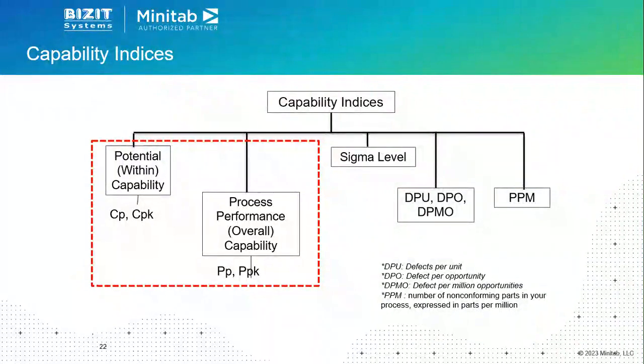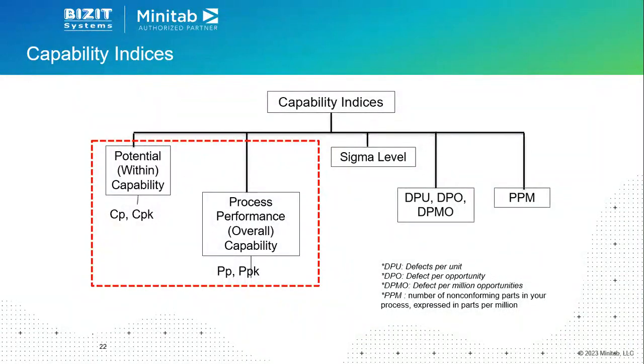But by default in Minitab, we have the potential capability, CP and CPK, and then we have PP and PPK. If you don't want that, I will show after this how you can convert or show the sigma level instead of using CP and CPK.